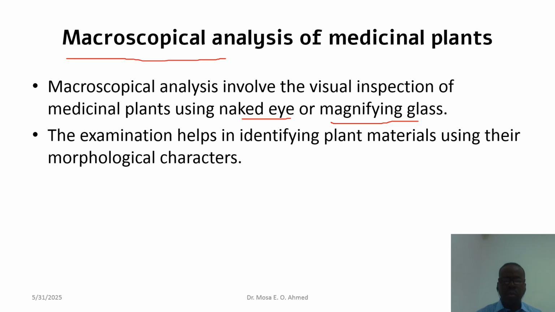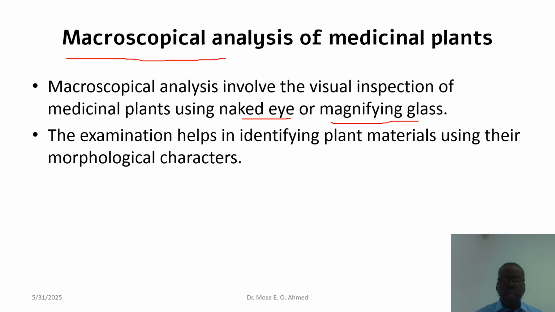In fact, macroscopical analysis is used for analyzing organized drugs that can be noted or can be seen by naked eye, like drug from roots, drug from bark, drug from seeds, flowers, and so on.